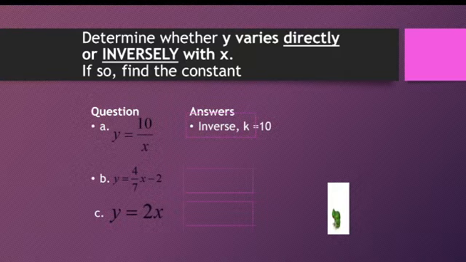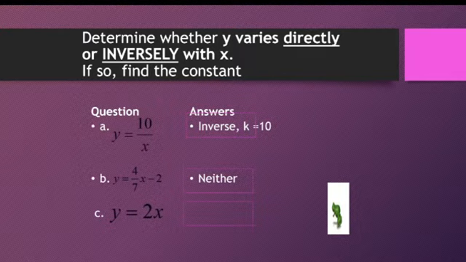For letter B, we have y is equal to 4 over 7x minus 2. Neither. So, if your answer is not direct or not inverse, we cannot consider it as direct or inverse. And we don't have a constant here.